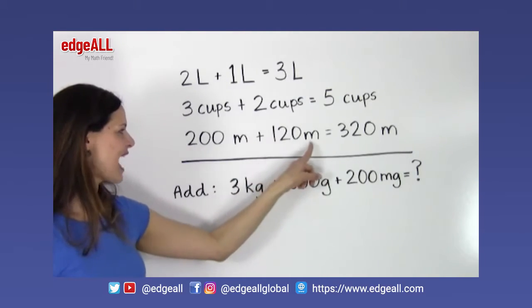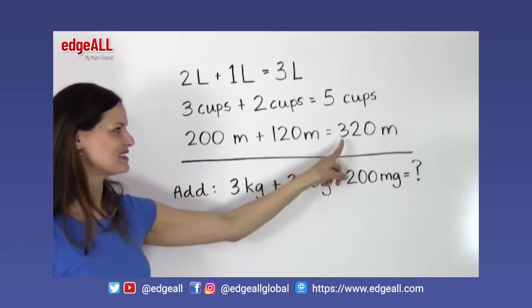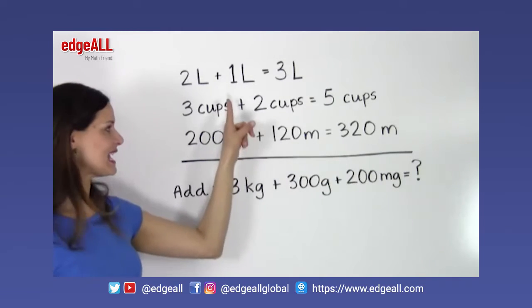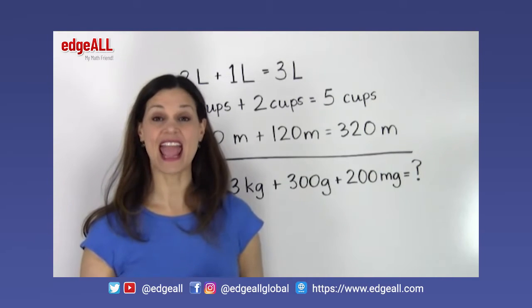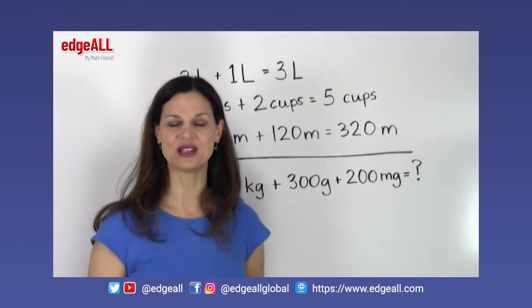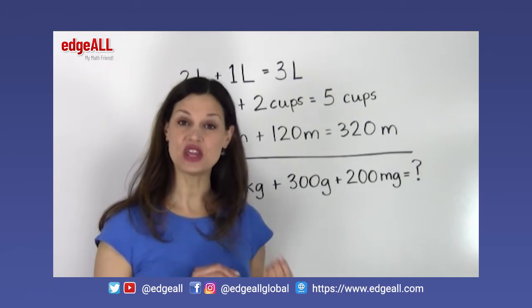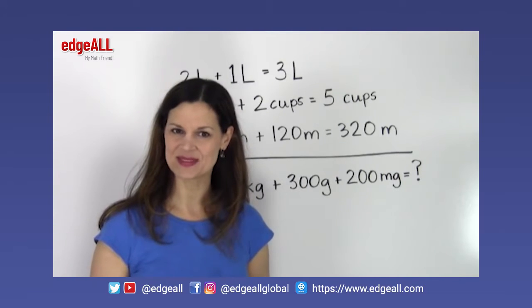So my units match, and 200 meters plus 120 meters equals 320 meters. So you can see that in each of these problems, the addition is similar to any other addition that you have learned so far. And this is because the units of both numbers are the same.